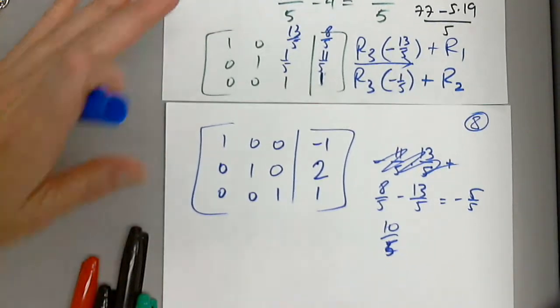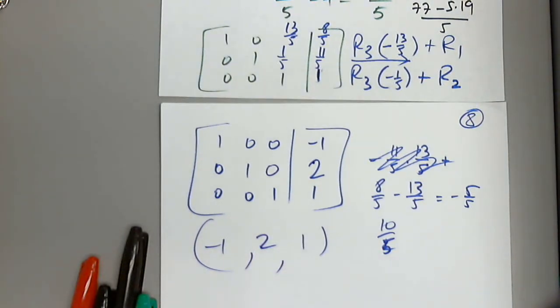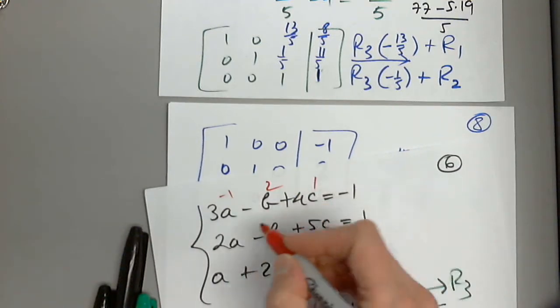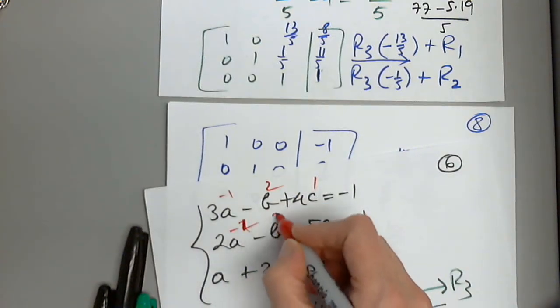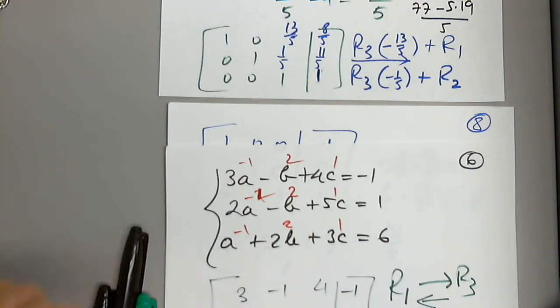Again, we expect this to work, but we don't know. So back to the original problem. Negative 1, 2, 1. Ready?